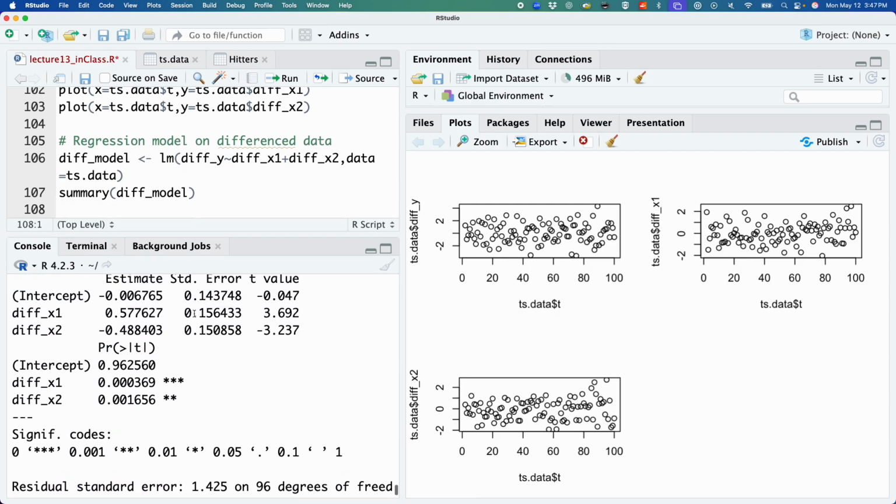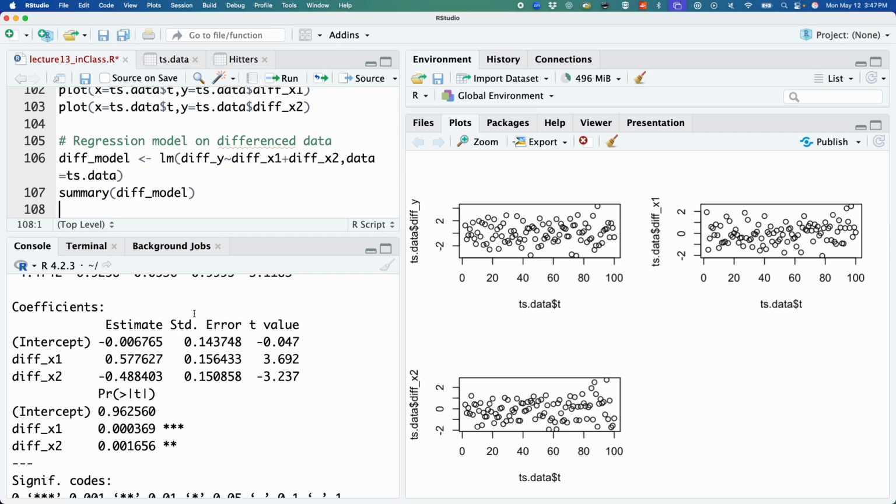so let's take a look here at our estimates.